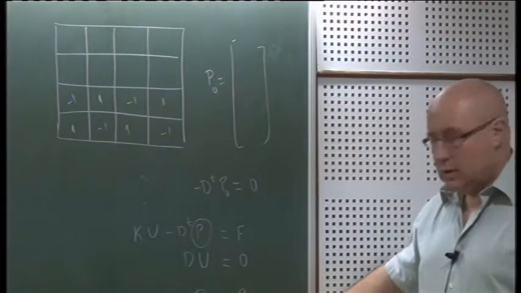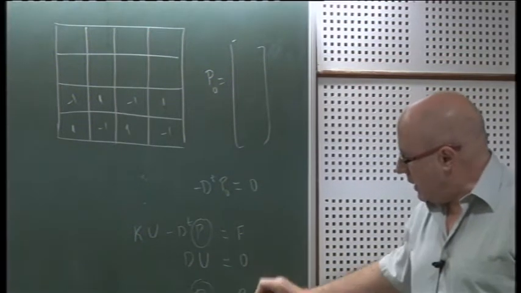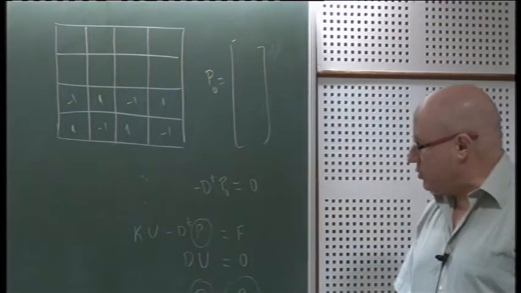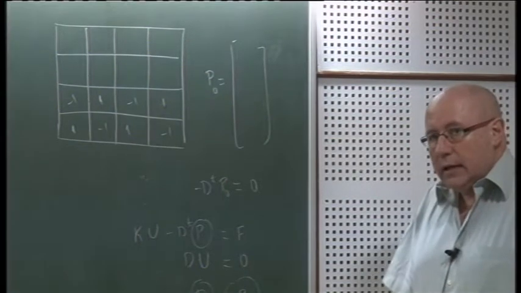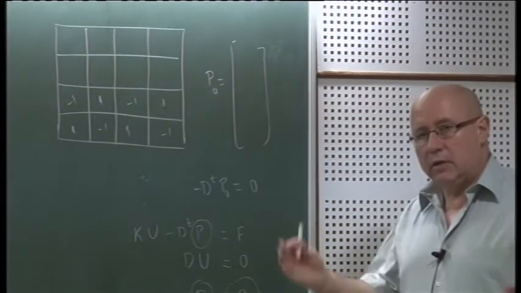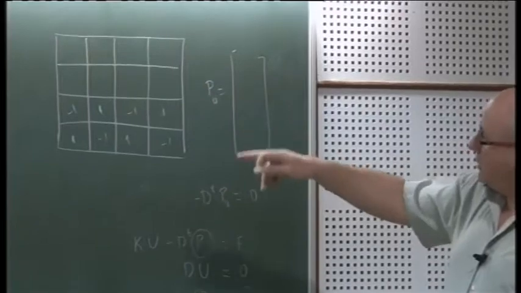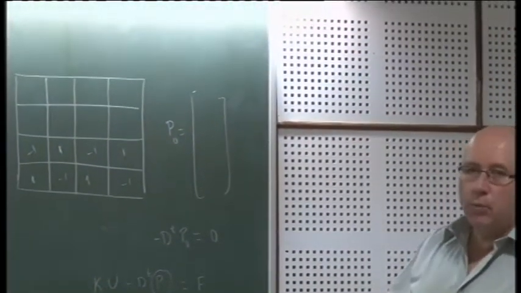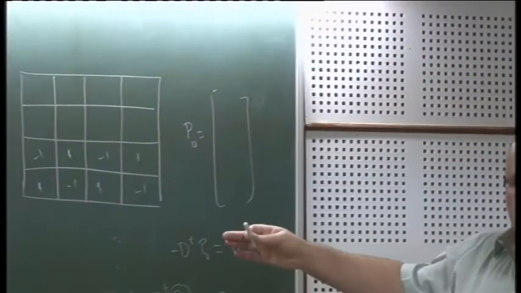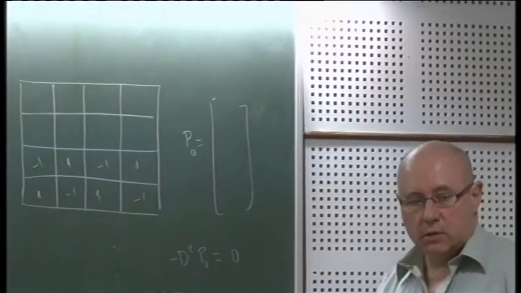You see? So if you have a solution and you add that term, that's going to be a solution again. And lambda can be anything you wish. So that element displays what is called a checkerboard mode, for obvious reasons.